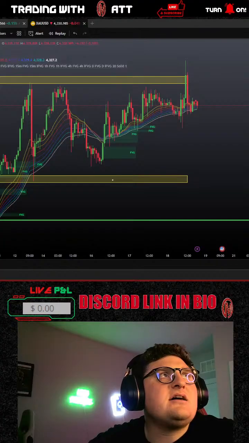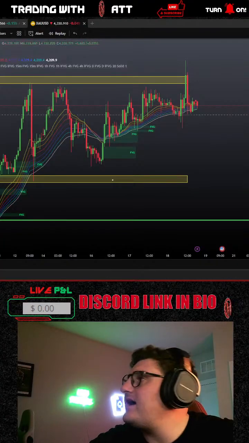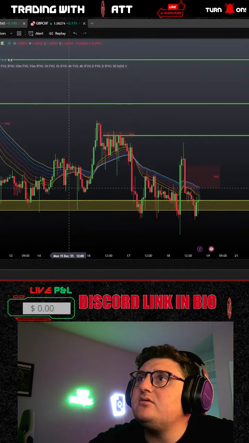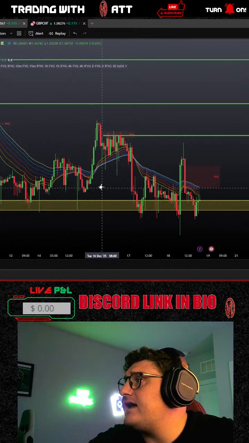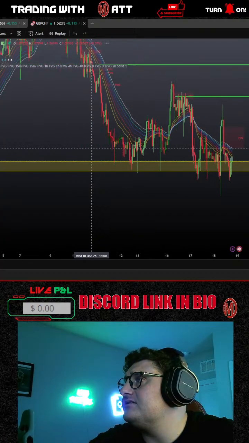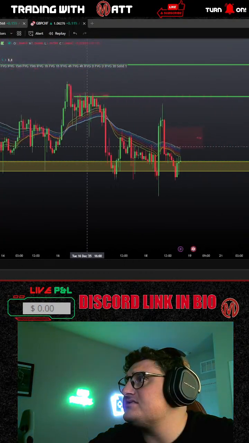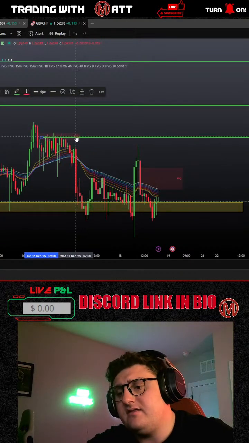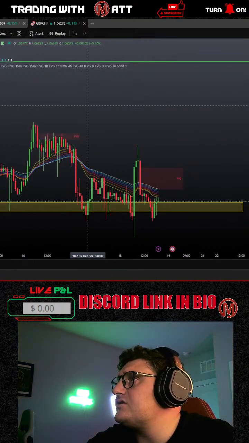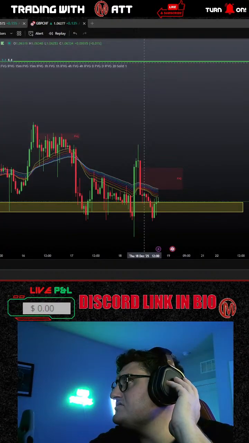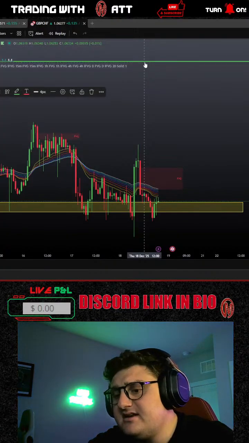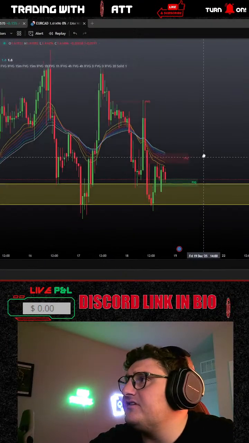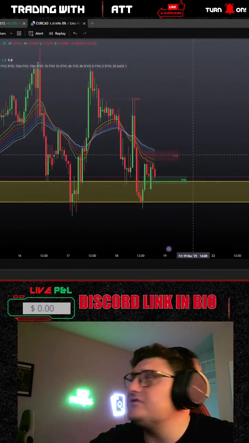So there's a lot of different charts here that had big spikes earlier today with the news. And now they are just kind of consolidating at support or resistance zones or in the middle of the two. And like I said, we typically don't like to trade in the middle of the two zones because it's a less probable trade that you're going to be able to predict the right direction of the trade.